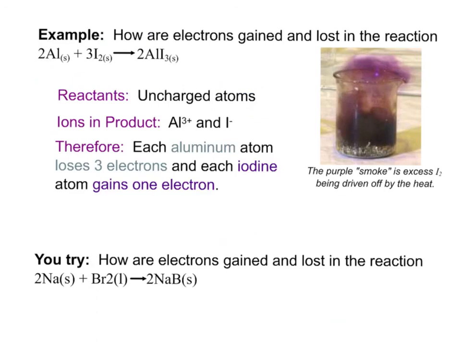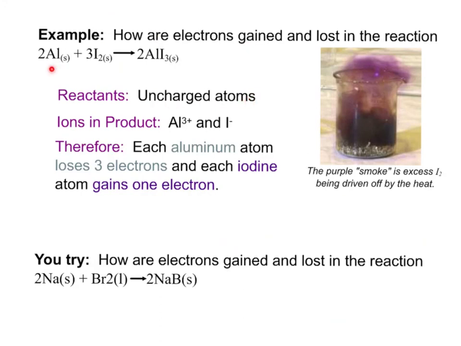So the first thing we want to look at when we are looking at an oxidation-reduction reaction is how electrons are gained and how they are lost in the reaction. In this example, let's ask that question. We are starting with reactants that are uncharged atoms, right?